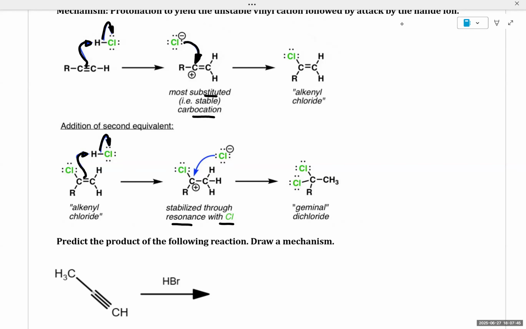So once you make your carbocation, which is the most stable, most substituted, and resonance stabilized carbocation, it's going to be attacked by chloride, and you get the geminal dichloride. This is pretty useful because we haven't seen many methods so far to make geminal dichlorides.